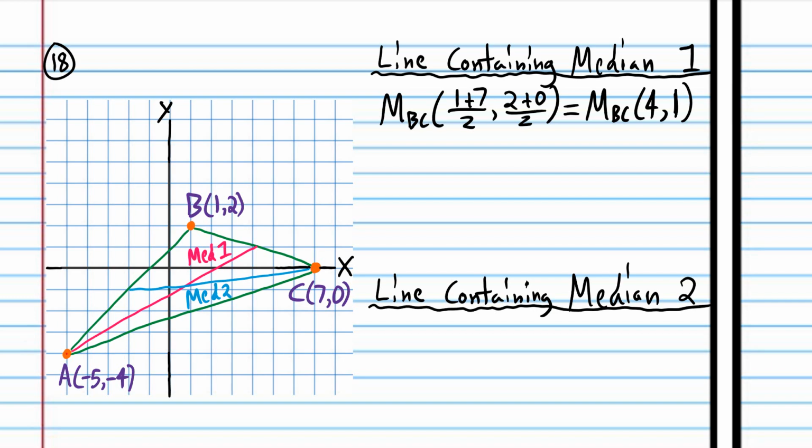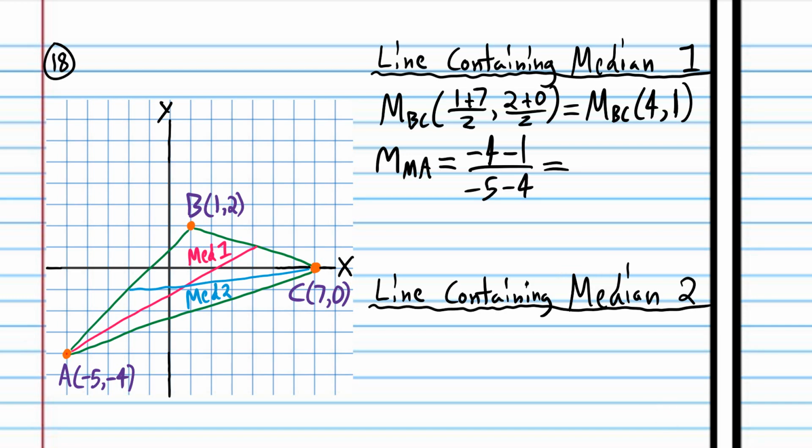Now we're going to find the slope of the line containing the midpoint we just found, and A. And considering A to be the second point, we have -4 minus 1 over -5 minus 4.